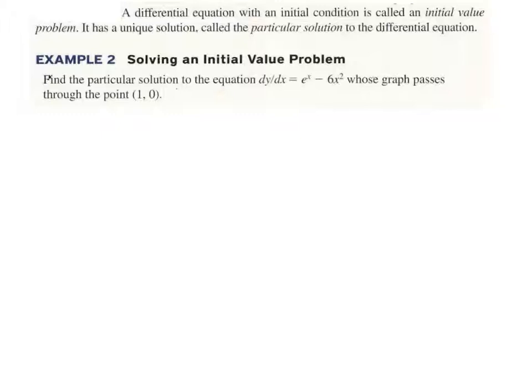This just means that instead of the family of functions that we get as our solution, we're going to get just one equation that will have the given derivative, and its graph will go through a particular given point. So the first step is to find the general solution, and then we will use that initial point to find the particular solution. So we've got dy equals e to the x minus 6x squared dx.